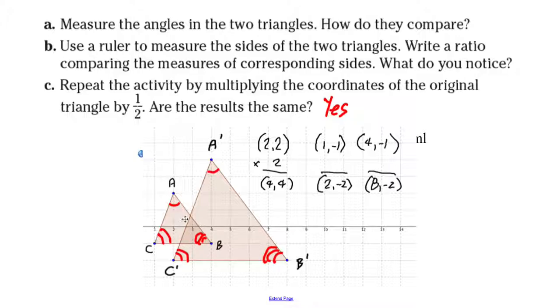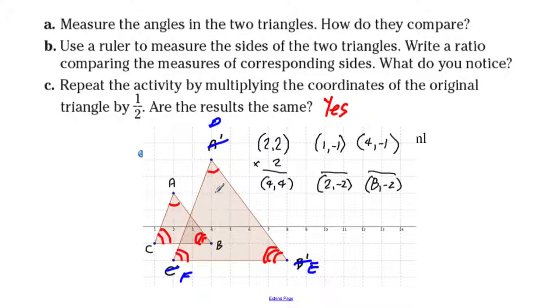So when you talk about these two triangles, let's change the name of the other triangle so we won't be confused with the prime. Let's make this D, E, F. We'll change it to triangle DEF instead of A prime, B prime, and C prime.